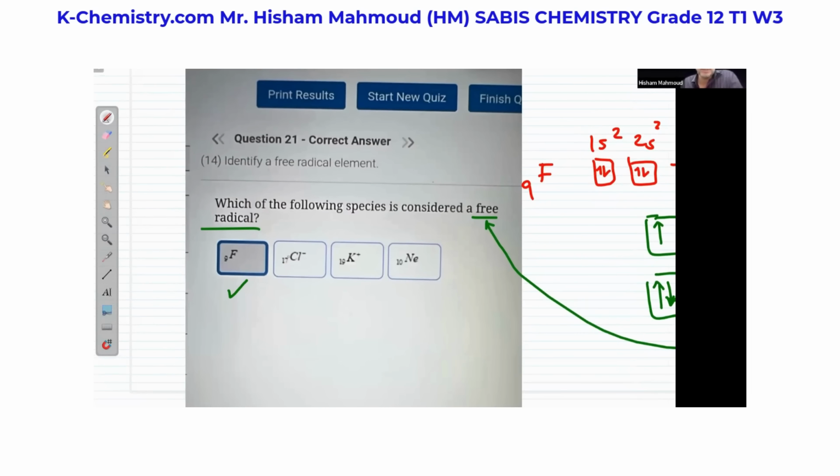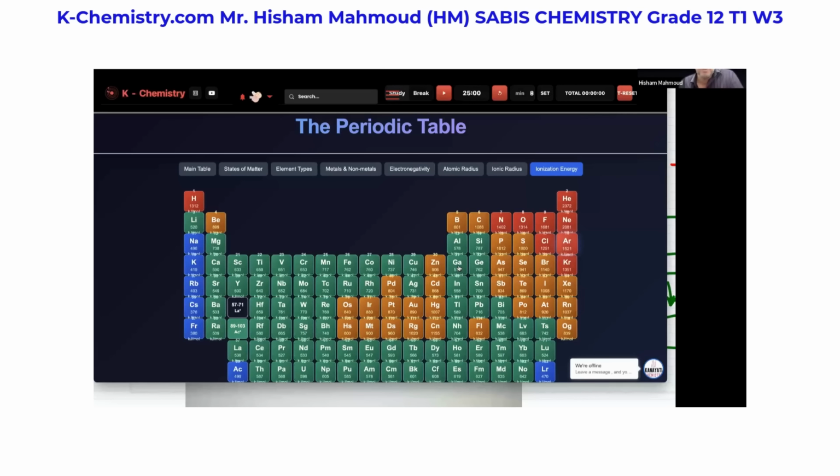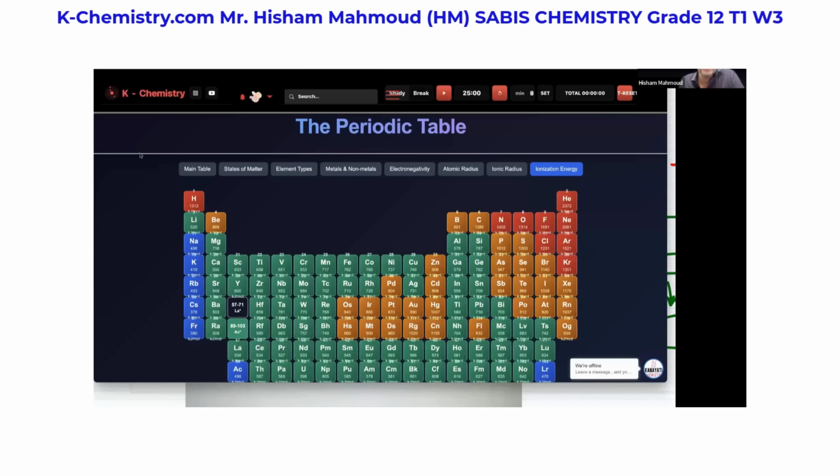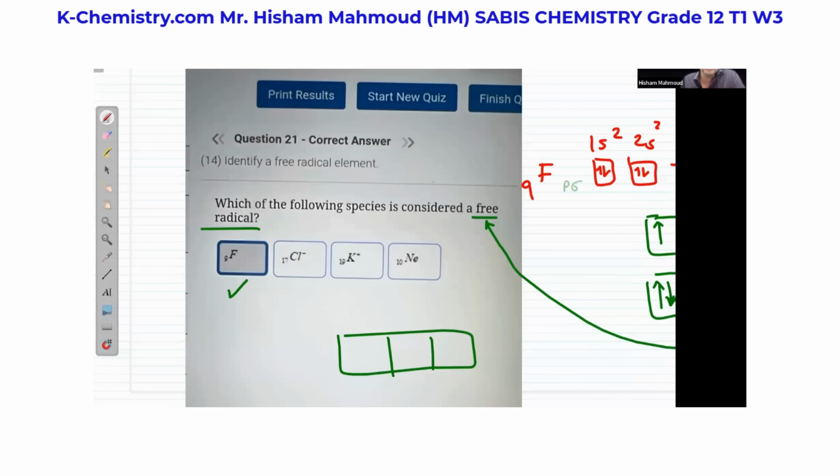The Cl minus gains an electron and becomes like argon. Do you think argon has a free electron? No, mister. Any noble gas ends with p6, and since it ends with p6, I'm sure that it will look like that. Let me draw. 6 means 1, 2, 3, 4, 5, 6.